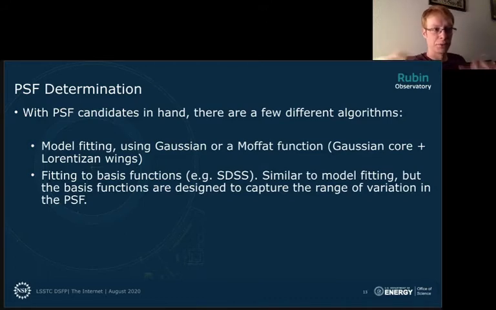It tends to get distorted around the edges, and so you want to be able to capture that in your PSF fitting. So by measuring these basis functions, you can have the values of the basis functions be functions of their position across the sensor.